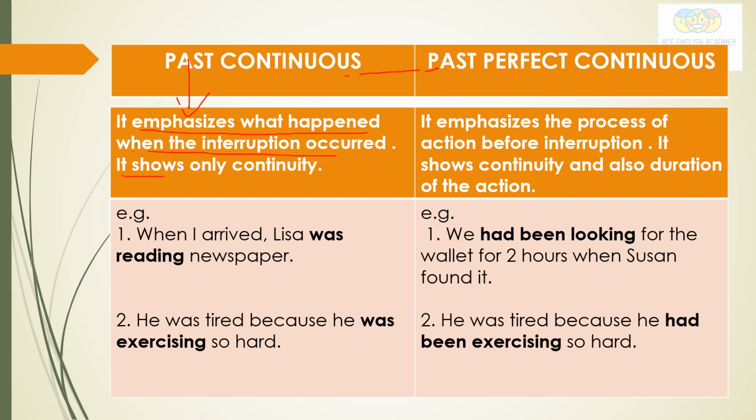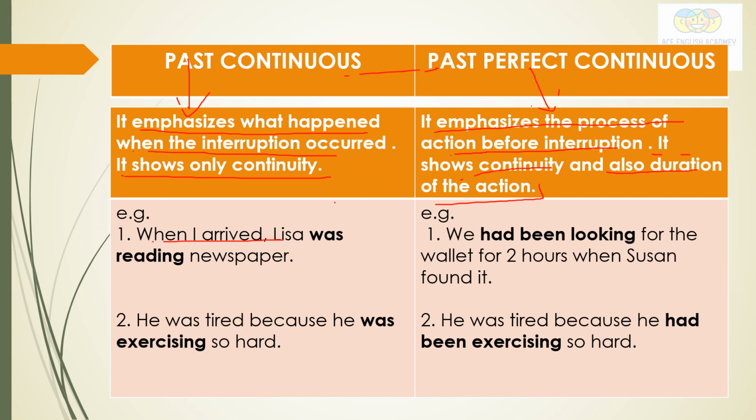It shows only continuity. And in the past perfect continuous tense, it emphasizes the process of action before interruption, not when the action was interrupted, but before interruption. It shows continuity, and also duration of the action. So this is different from this tense.